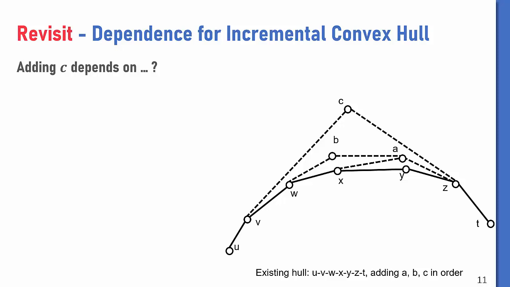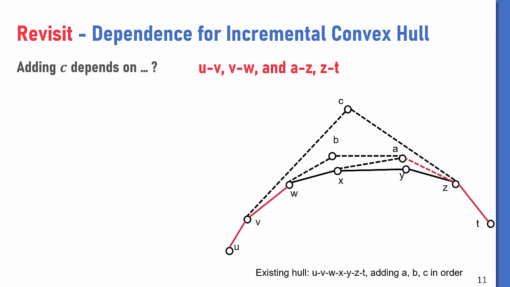So I'll first directly show our new observation here. We observe that adding C does not depend on all the points and edges in between, but only the 4 edges in the 2 corners at the boundary, which are UV, VW, and XZ and ZT.